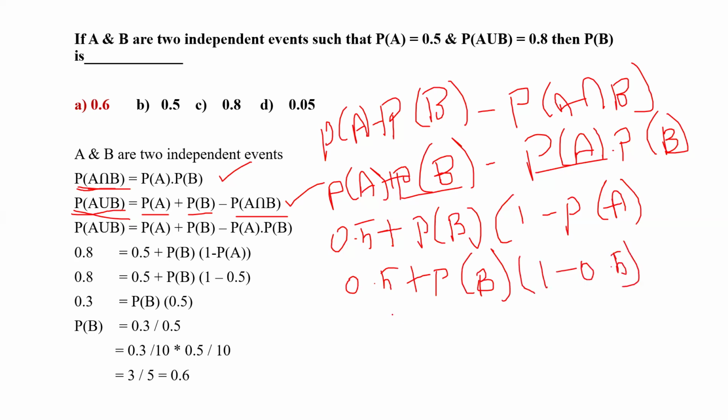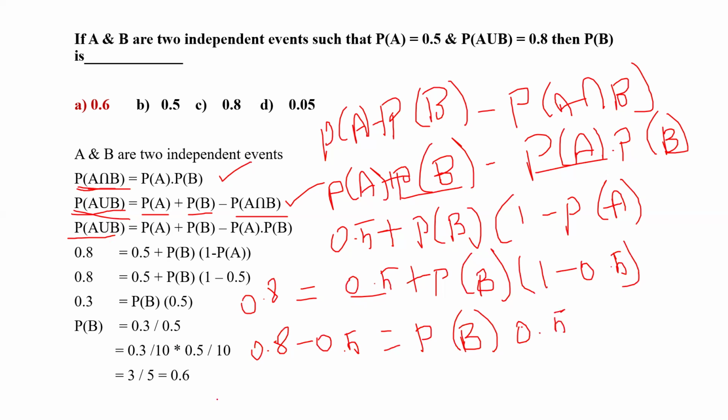Already P of A union B is equal to 0.8, they have given. So 0.8, this 0.5 you can move to this side: 0.3 equals P of B times 0.5. Now divide by this 0.5, so P of B is 3 by 5.